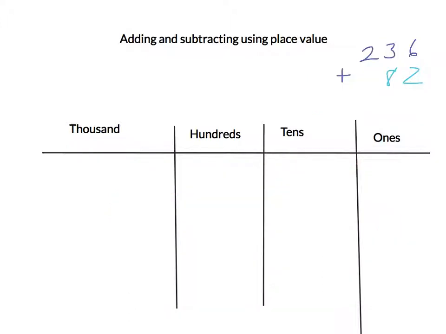Here's another example. In this one, we have 236, which can be written like this, having 2 hundreds, 3 tens, and 6 ones. Then we can write 82 like this, having 8 tens and 2 ones.